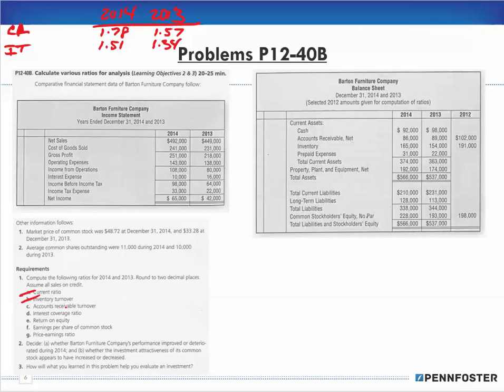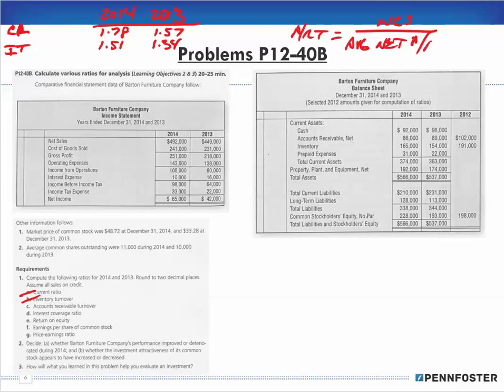So our accounts receivable turnover ratio is the net credit sales divided by the average net accounts receivable. Remember, all sales are on credit based upon the information right there.